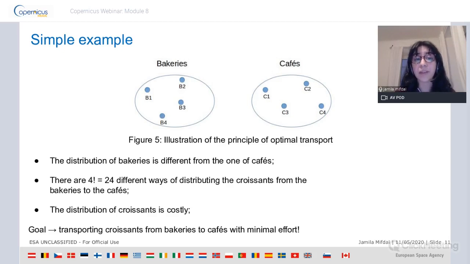and the goal is to find the optimal configuration that makes us take the croissant from the bakeries to the cafes with an overall minimal cost. If we consider the cost as the distance between each bakery and each cafe, the goal is to find a configuration that minimizes the total sum of the distance.